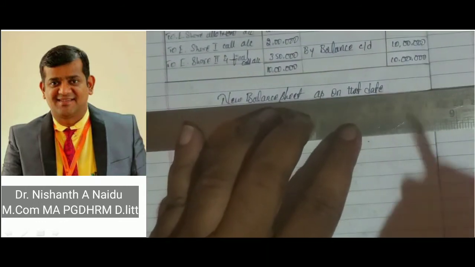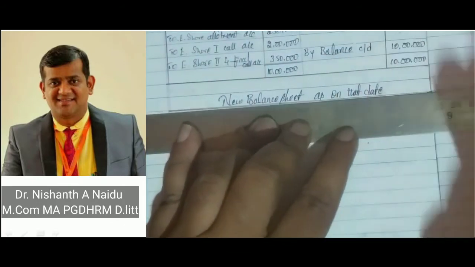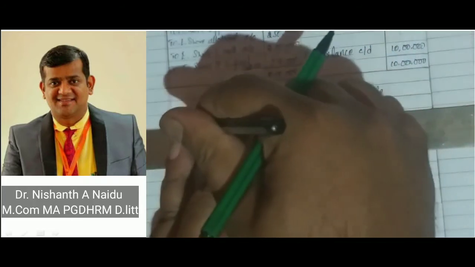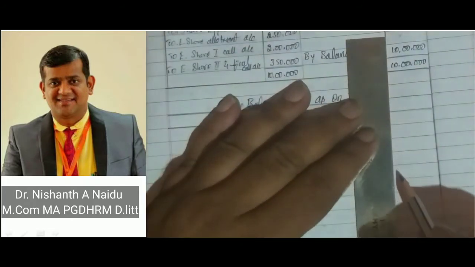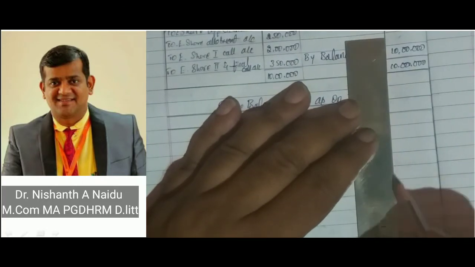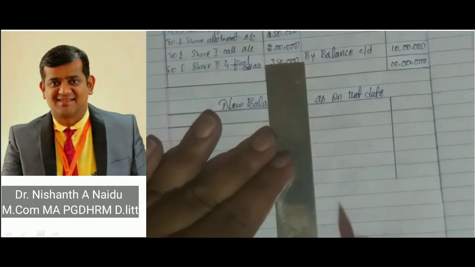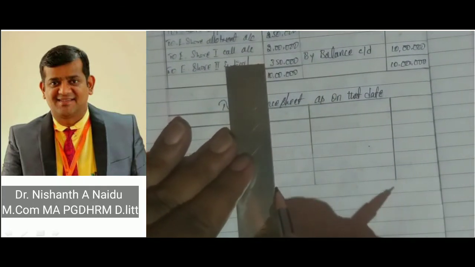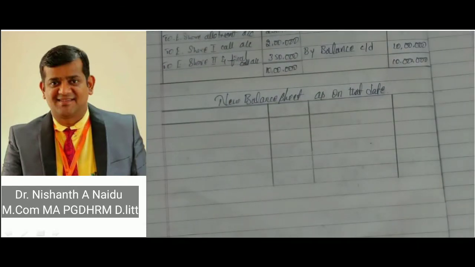For this also I don't require a large table because we have very limited transactions. Maybe in future problems, yes, we might have to open a big balance sheet. So now since the transactions are very limited, I'm going to draw around 4 to 5 lines of balance sheet columns. So new balance sheet as on that date is ready.